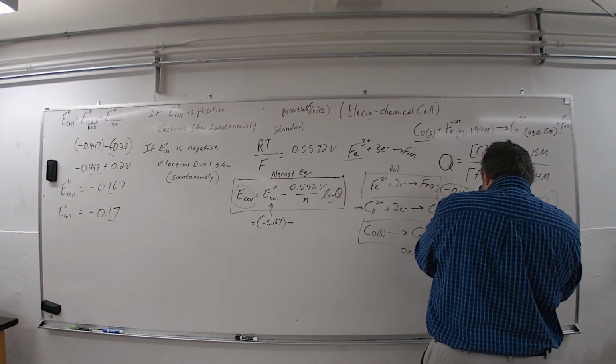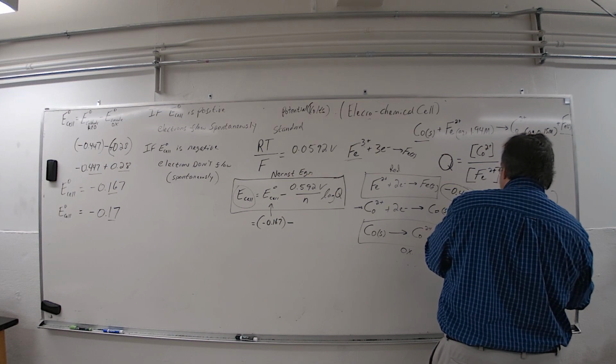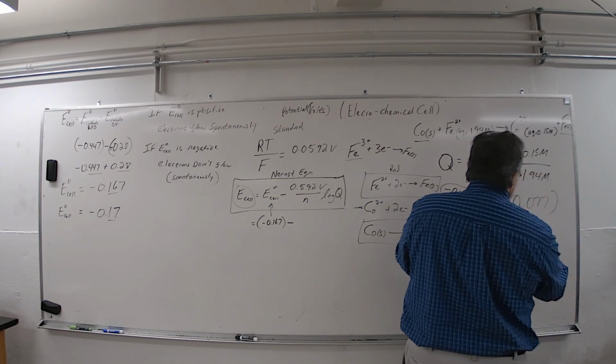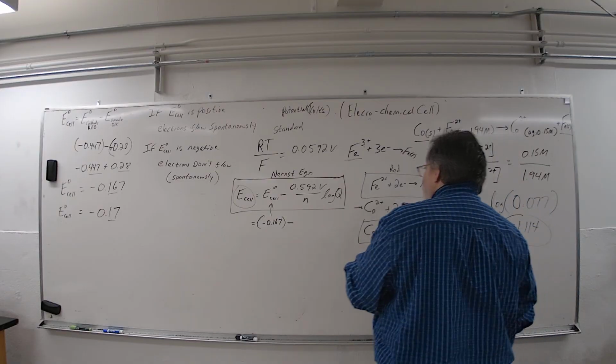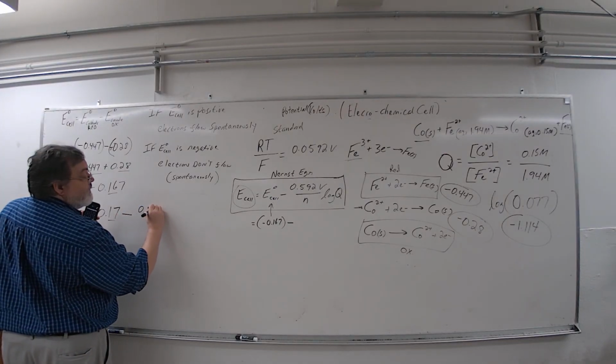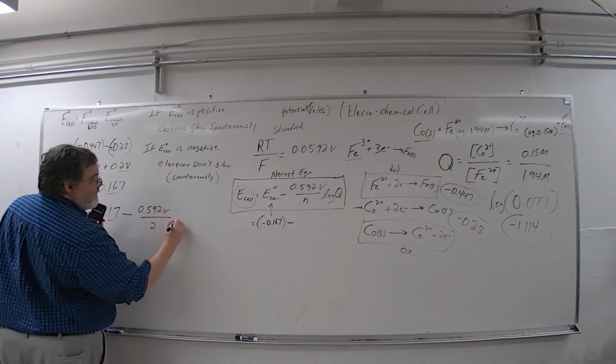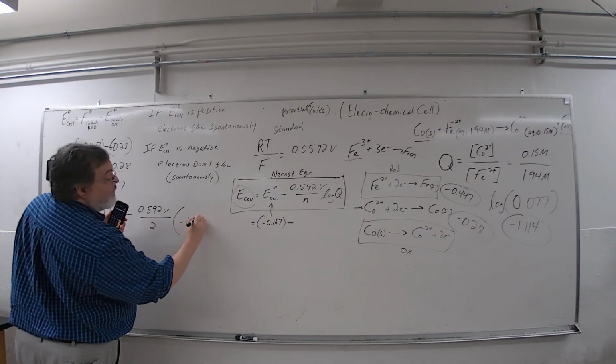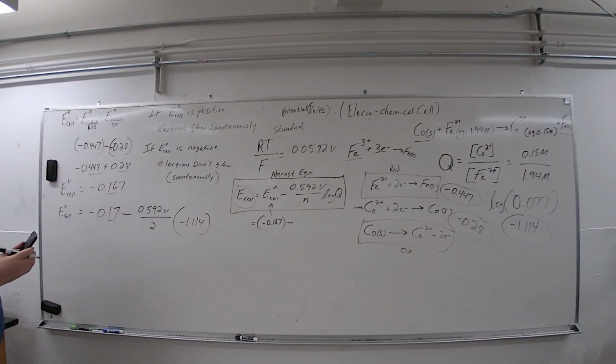Log of that gives me 0.5 times 2 volts over 2 times negative 1.114. 0.592 divided by 2 times 4.